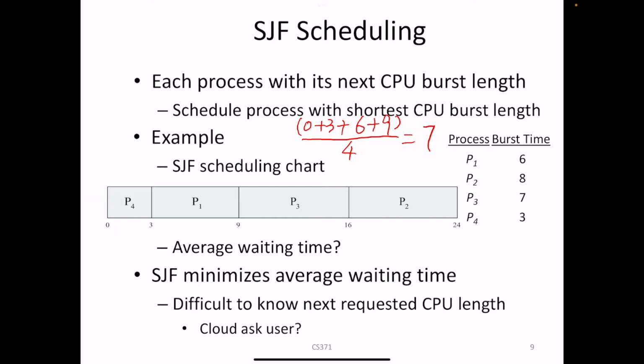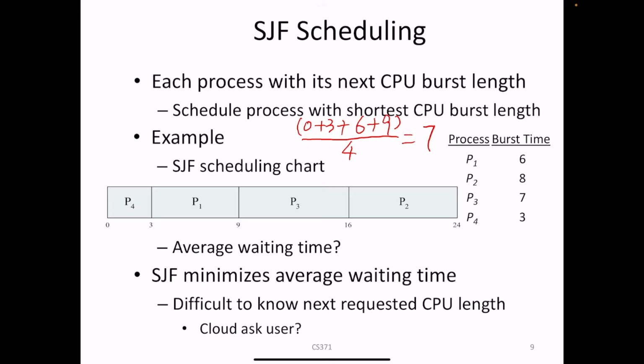Later, after we learn other scheduling algorithms, you can apply them to this example, and you will know that no one can provide shorter average waiting time than the SJF scheduling algorithm. Just like we already mentioned, SJF has been proved to provide minimized average waiting time among all the scheduling algorithms.